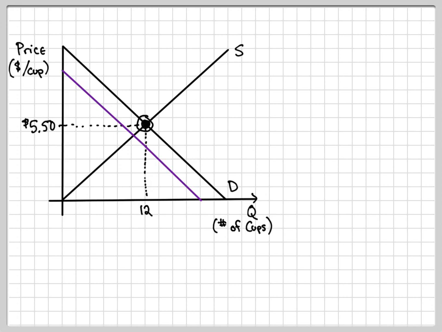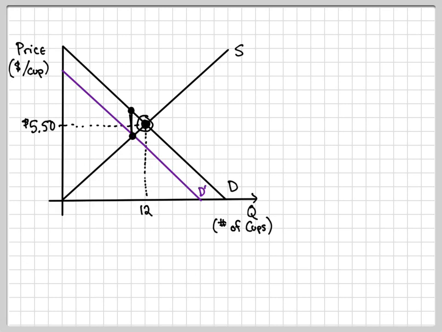The new equilibrium will be where the supply curve meets the new demand curve. So the new equilibrium is right here. And what happens here, and this is the interesting thing about it, there's a difference between the price that the buyers pay and the price that the sellers receive. And the difference is exactly the value of the tax.